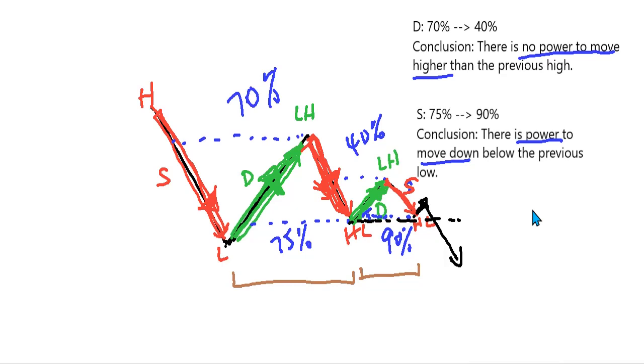Our analysis shows that there is no power to go beyond the previous high, but there is more power to go below the previous low. If it did indeed go below the previous low, we will immediately notice a downward trend.